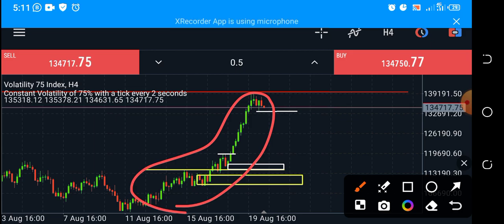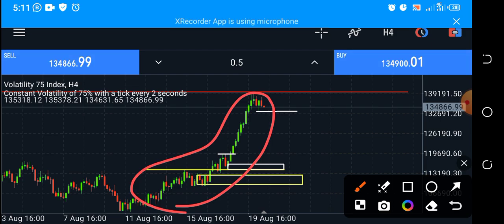Guys, don't be deceived looking at the lower time frames, because the higher time frames are much more accurate, sustainable and stronger. I trust them more than I trust lower time frames.